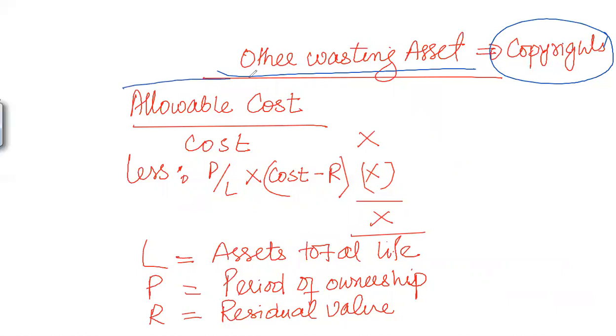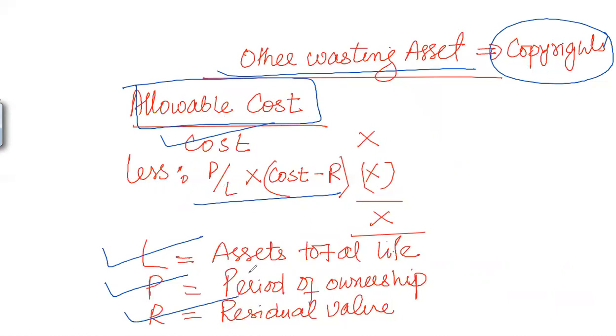In order to calculate the allowable cost, I'll use a formula: the original cost, and from the original cost we will deduct this one, where P refers to the period of ownership, L refers to the total estimated life, and R refers to the scrap value. So from the cost we will deduct the vested amount of the asset, and then you'll get the allocated cost.